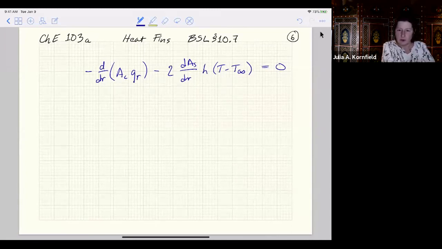And so now returning to the rectangular fin.